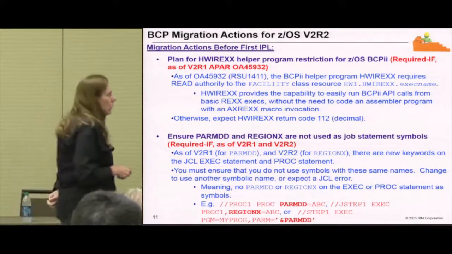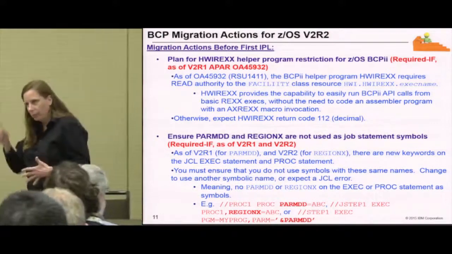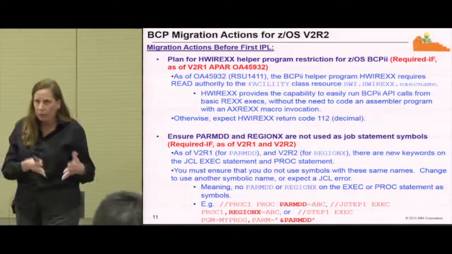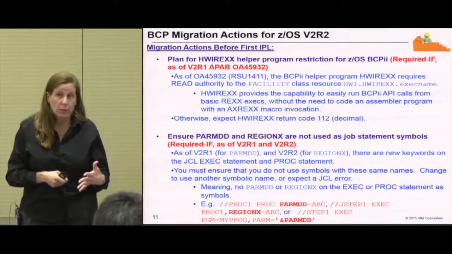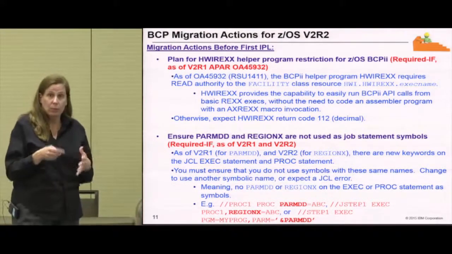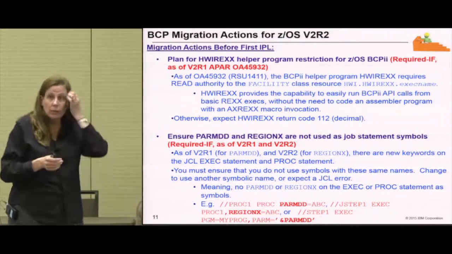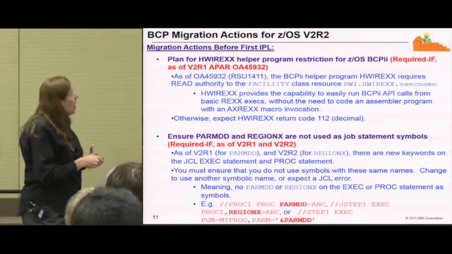This is a nice little helper program that will allow you in your REXX program to avoid assembler code when you want to call BCPII services. It's like the middle guy that lets you just use REXX rather than going into assembler to invoke the APIs.